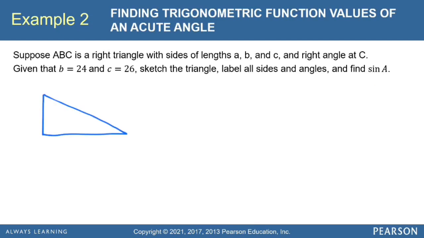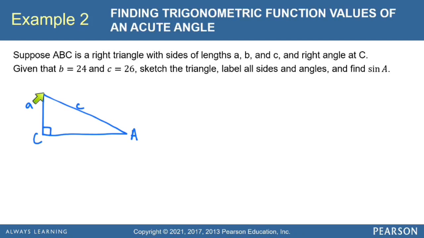So let's start by just drawing a right triangle. Now we know that the right angle should be labeled capital C, and we know that the side opposite to that, which is the hypotenuse, should be labeled lowercase c. After that, it does not matter which of these we choose to call angle A and which we choose to call angle B. So I'm just going to call this one A. But now that I've labeled this angle as capital A, the side opposite to that must be labeled lowercase a.